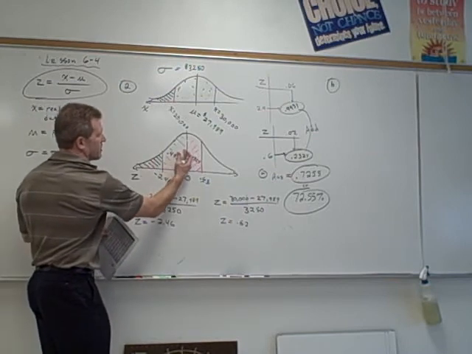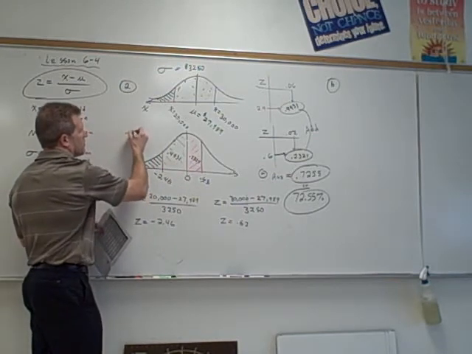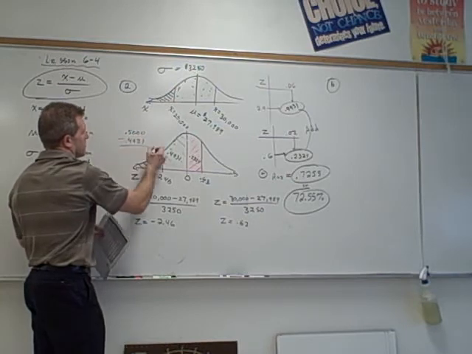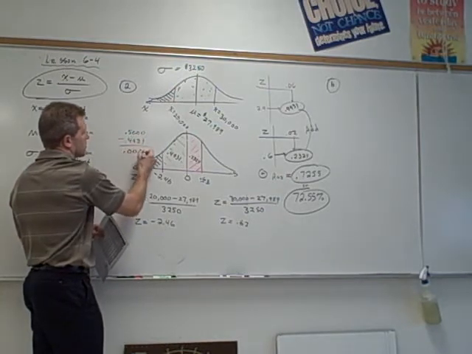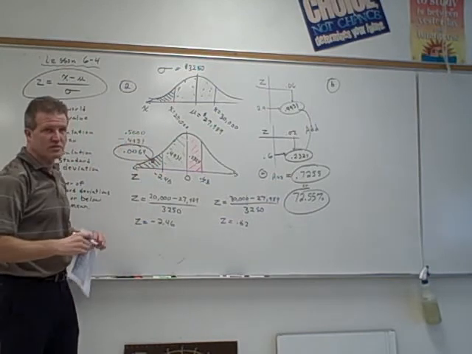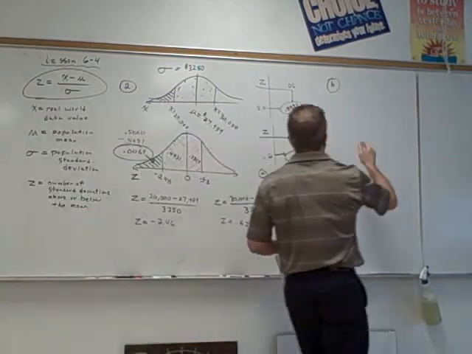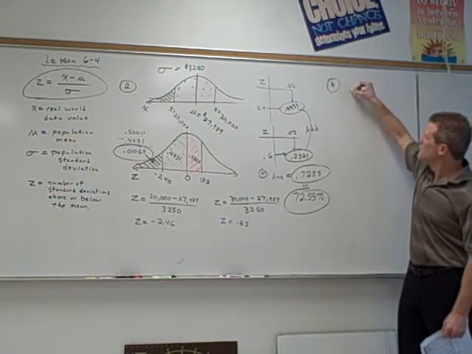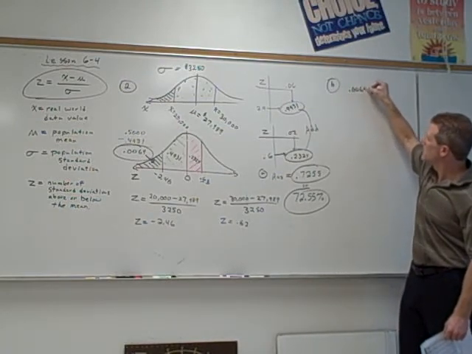We know that 50% of the area is to the left of 0. So 0.5000 minus 0.4931, which will give you 0.0069. That area would be 0.0069. So the answer for part B, the probability that a teacher will make less than $20,000 is 0.0069.